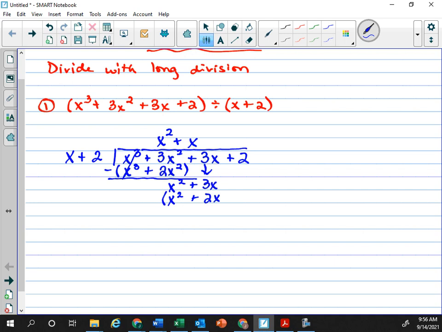Put it in parentheses, subtract. The x squareds are gone. 3x minus 2x is just x. Bring down my plus 2.